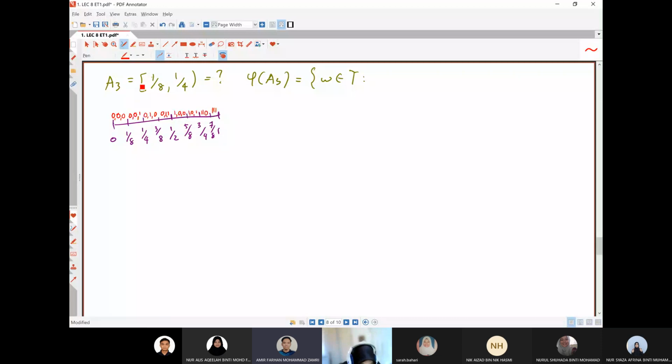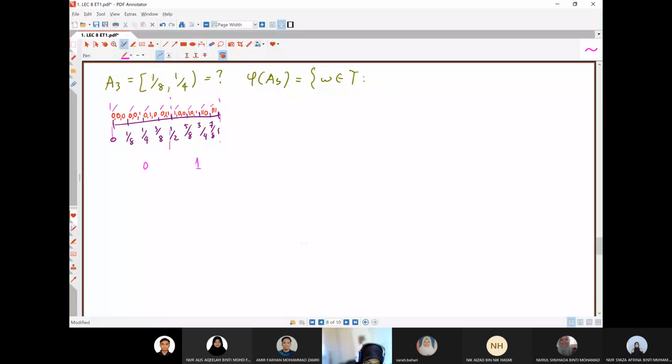Okay, kita tengok. Sebab ini kalau dia bahagi 2 jadi 0, 1 kan. So ini 0, ini 1. So all of this mesti kena 0, 0, 0, 0. And ni mesti kena 1, 1, 1, 1. The first digit.